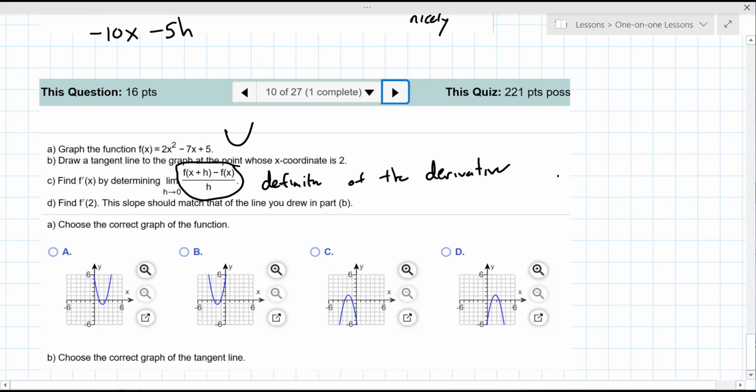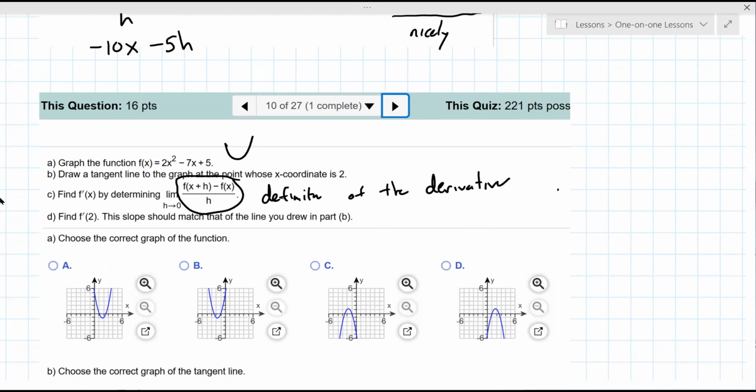It is, and it's just a lot of steps to get all the way down to the end, because what happens is that you end up getting something like at the top here, which is minus 10x minus 5h. But then do you plug the 0 in for the h? Right. So then it becomes something very nice. It ends up becoming 4x minus 7.